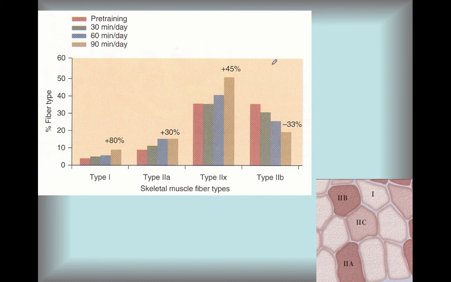What we have been learning over about the past 20 years or so is that it appears you very well might be able to change fiber types through the training that you do. Most people at this point would agree that you can make changes between type 2A and 2X. So if you do lots and lots of endurance training, you can start to convert some of the 2Xs to 2As.